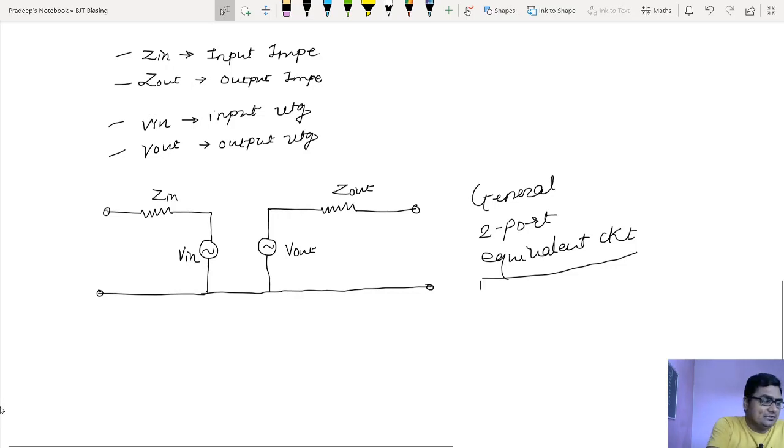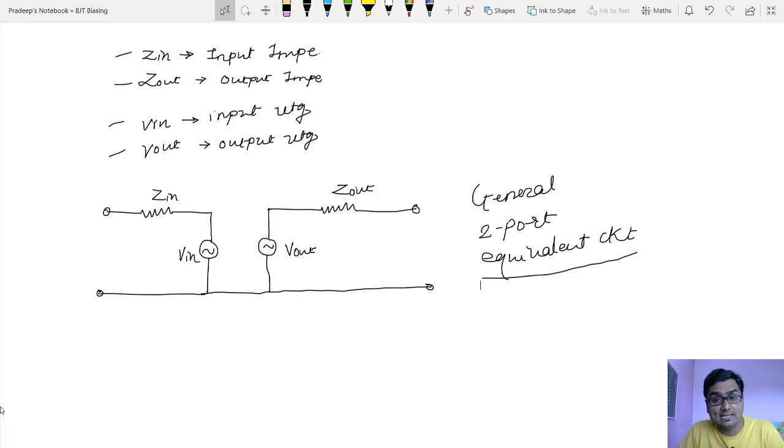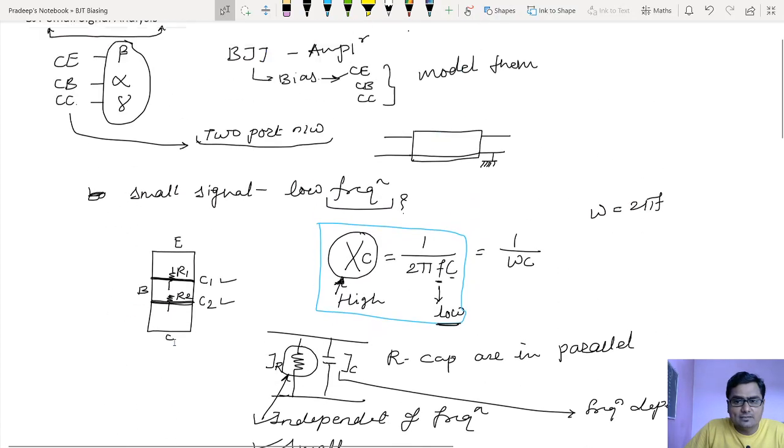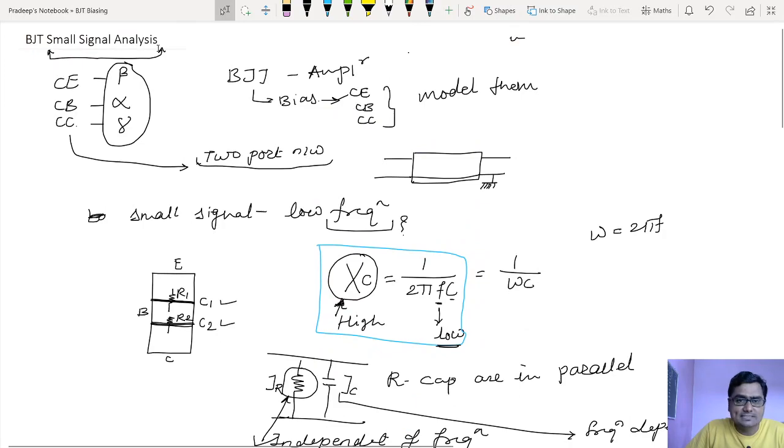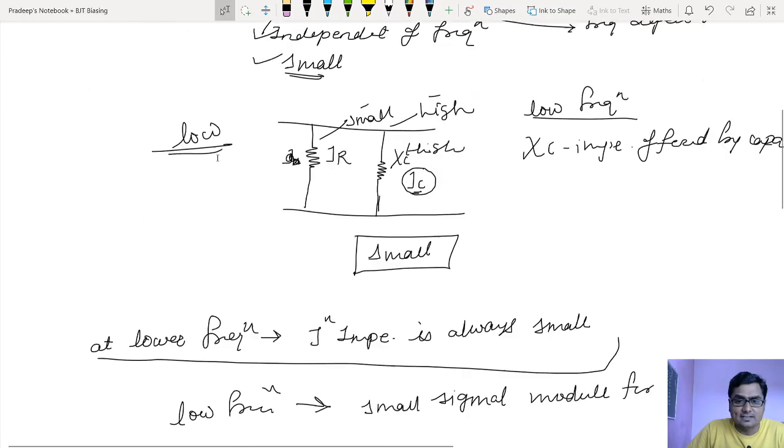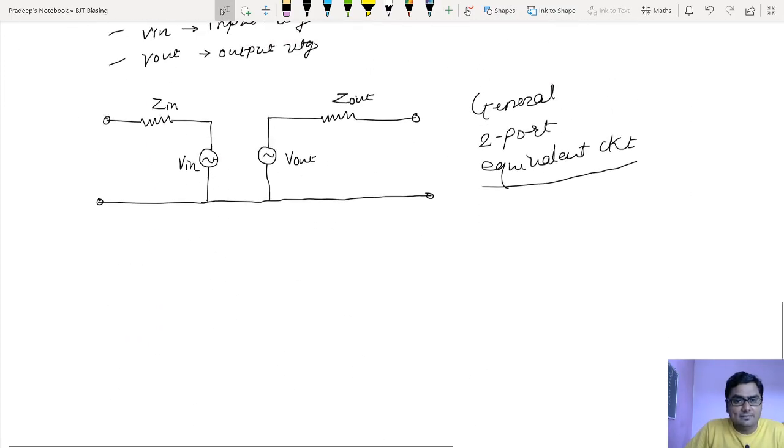Now by using this general 2-port equivalent circuit, how can I analyze a BJT amplifier? That's the question. The topic for this lecture is small signal analysis, and I have concluded that by using that two-port network analogy, I can analyze all the amplifiers.